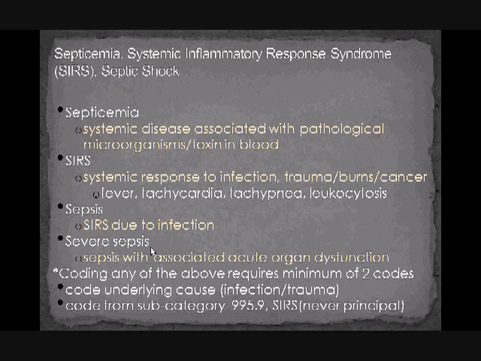Which means you have to account for the infection itself, and then you have to account for whatever caused the infection. So let's say, for instance, you have septicemia, which is just a systemic disease that's associated with some sort of pathological microorganism. So essentially, you have toxins in your blood, poison blood.